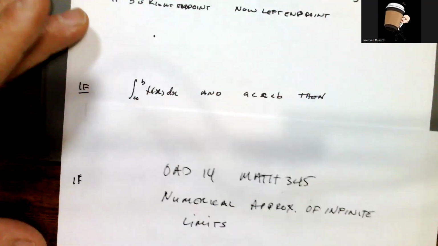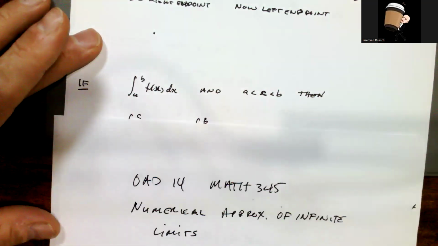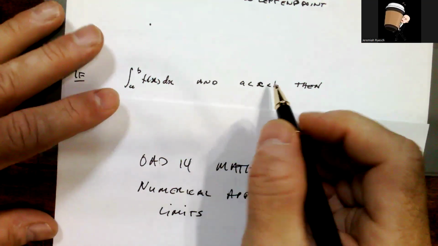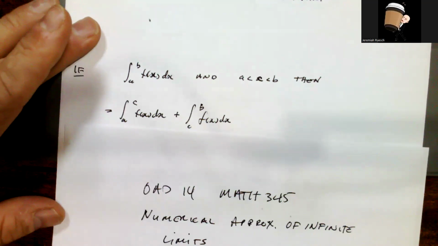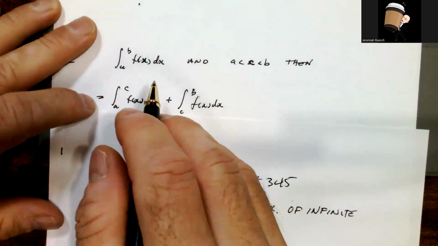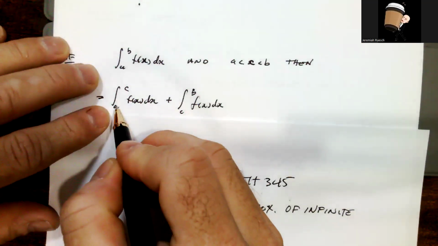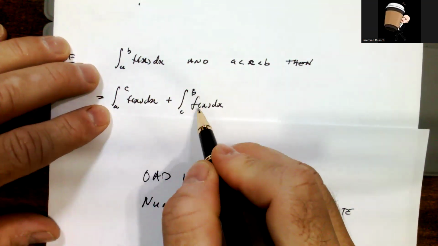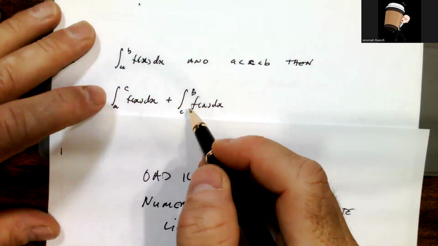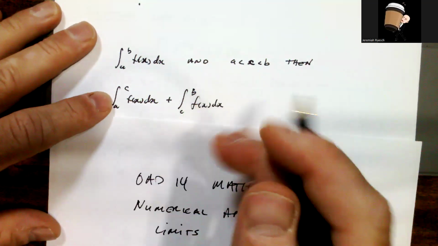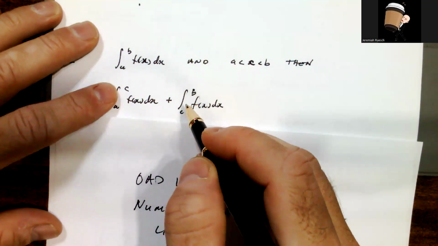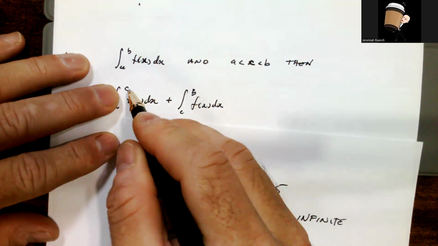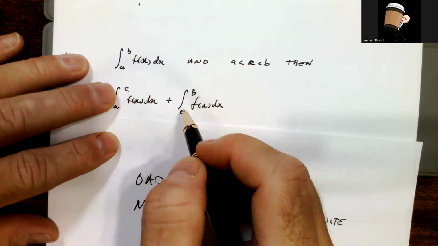The next case is what happens if you have a point in between. What happens if there's an unbounded point at some point C between A and B? Using the property of integrals, we can divide that up into the integral from A to C of f of x dx, plus the integral from C to B. C is the point of unboundedness for the integrand, and depending on how that breaks up, it could be a left-handed or a right-handed situation.